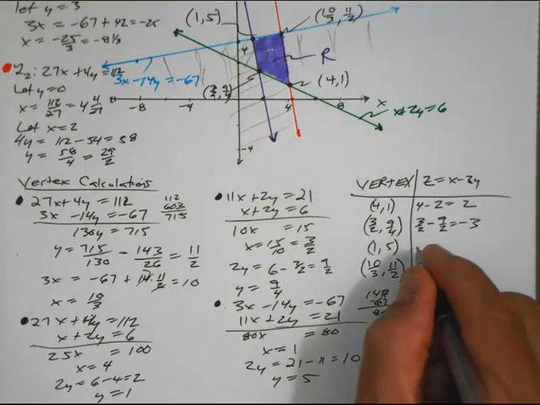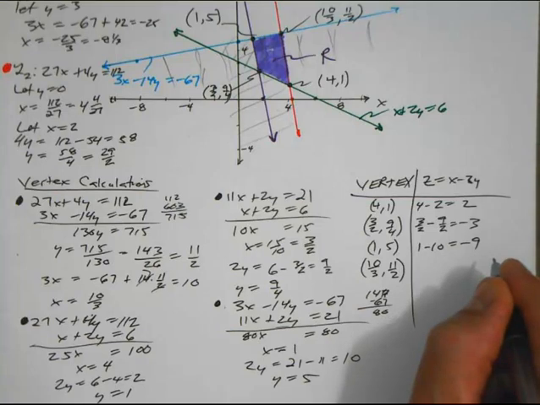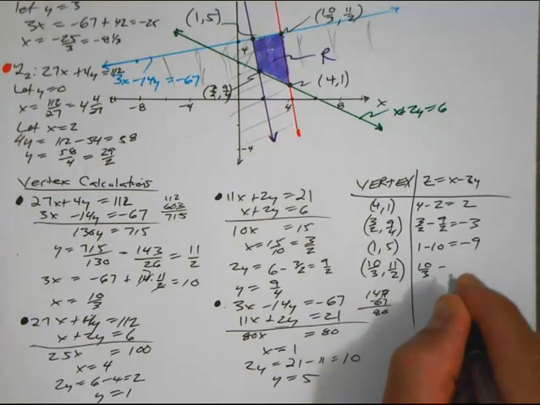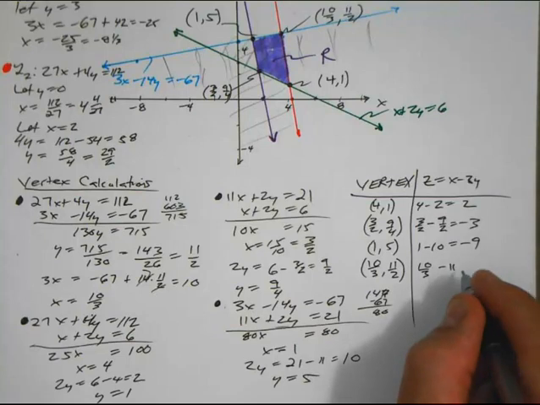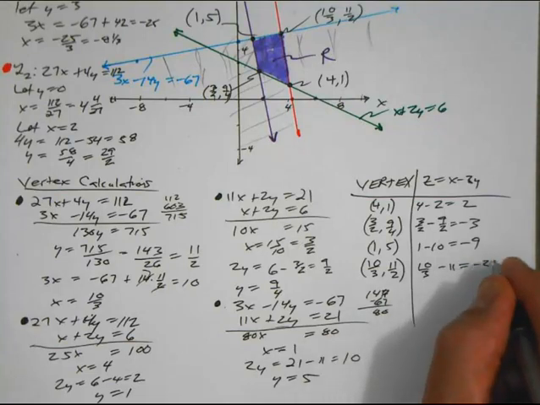Okay, at 1, 5, we get 1 minus 2 by 5, 10, negative 9. Okay, in this case, x is 10 thirds minus 2 times this y, that gives us minus 11. Alright, we need to be in the realm of thirds. 10 thirds minus 33 thirds, negative 23 thirds.